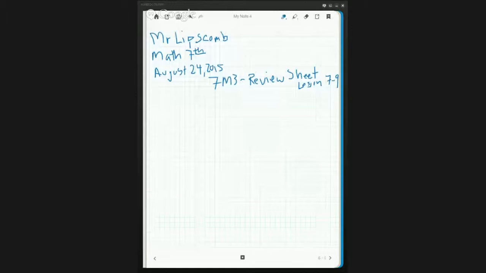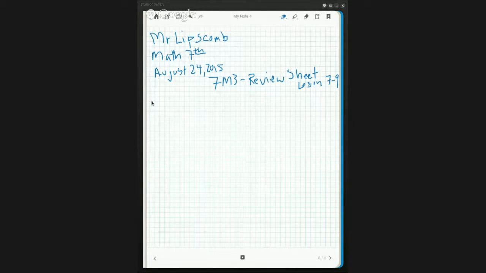So I'm going to write problem 1, and maybe we'll use a different color so we can differentiate. The first problem was 4x plus 3x equals 21. We'll write the steps over here on the side in a second.